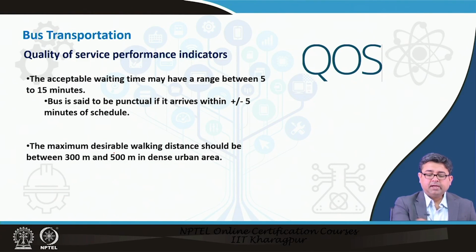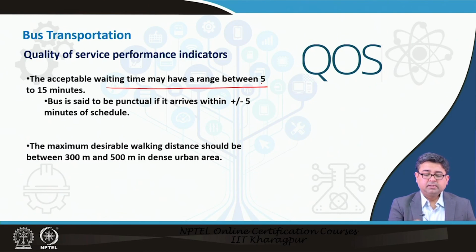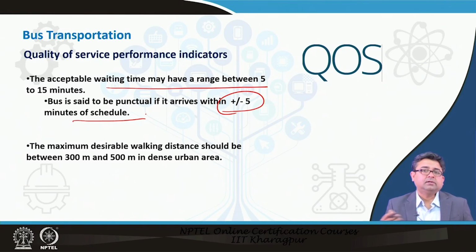The acceptable waiting time, for example, has a range between 5 to 15 minutes. A bus is said to be punctual if it arrives within plus or minus 5 minutes of the schedule. This is what people perceive. If the bus is more than 5 minutes delayed, people perceive that the quality of service is not good.